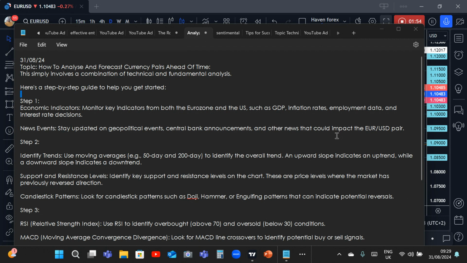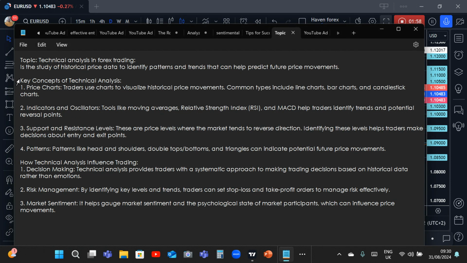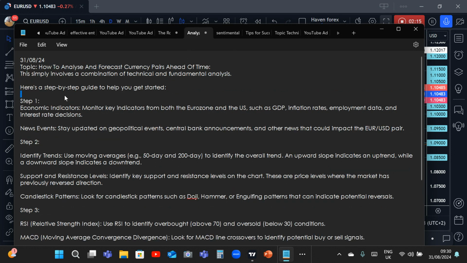So when we use the word technical, we are simply saying the study of historical price data so that you can identify patterns, trends that can help predict future price movements. That is the technical aspect of trading.